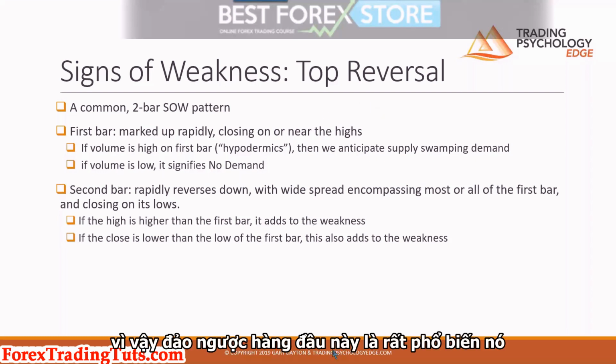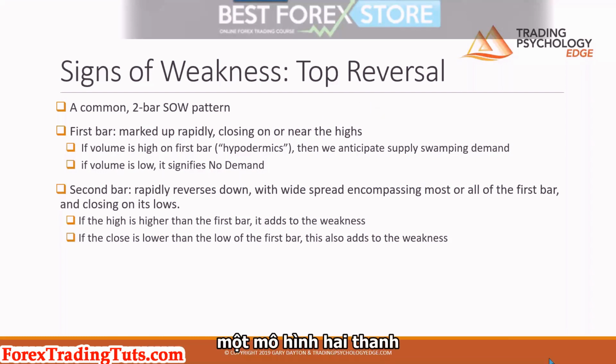So top reversal. This is very common. It's a 2-bar pattern. The first bar is marked up rapidly, closes near the highs. And if the volume is high, we call that hypodermics. That typically comes from Wyckoff, describing market action as a very ill patient who's lying on the operating table, and the physician decides to give him a hypodermic of adrenaline.